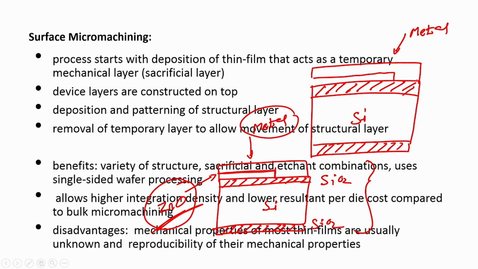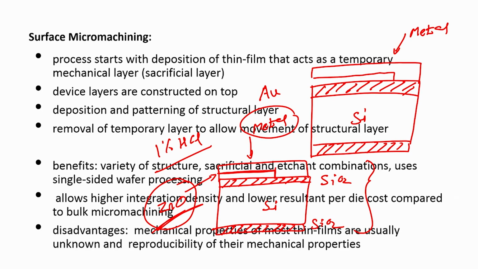Zinc oxide etchant will not affect the metal, which is let us say gold. Zinc oxide etchant is 1% HCl, 1% HCl will etch zinc oxide, it will not etch gold.